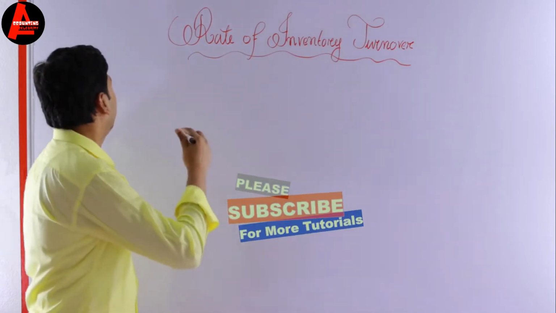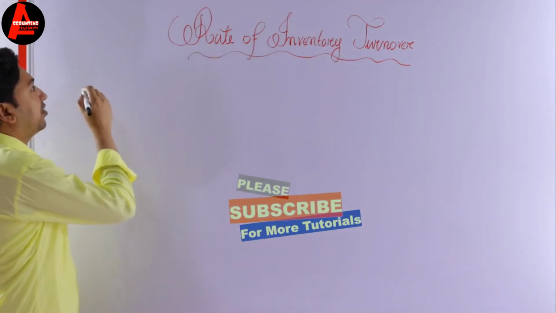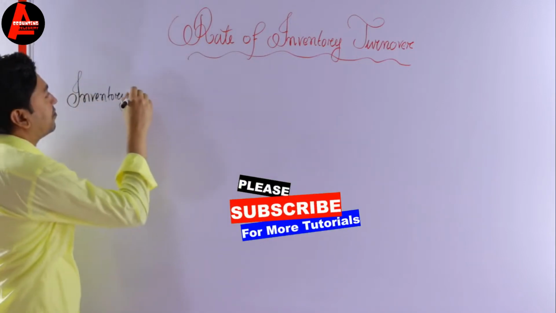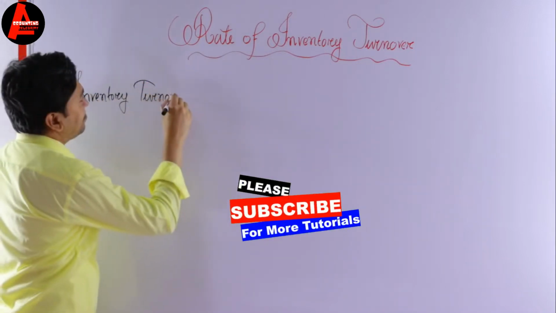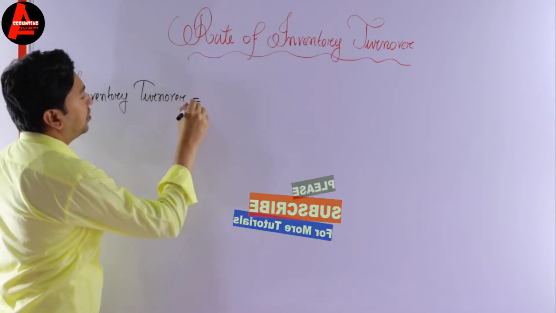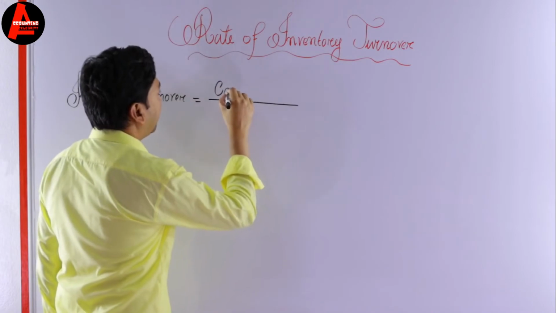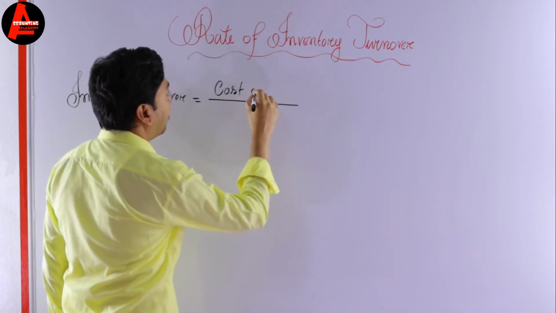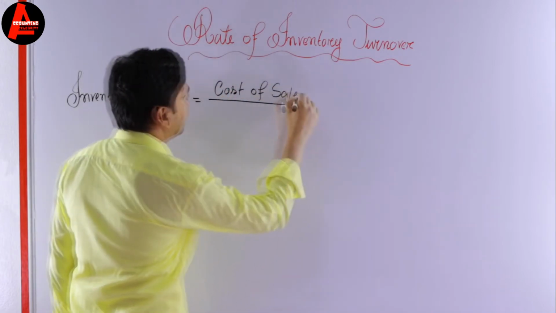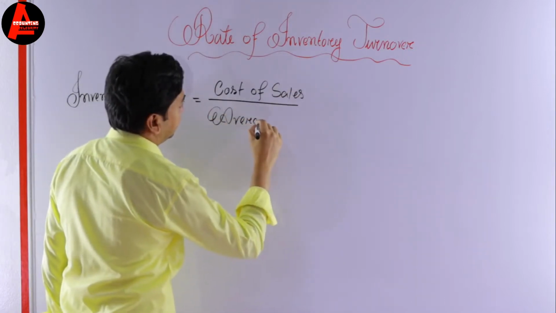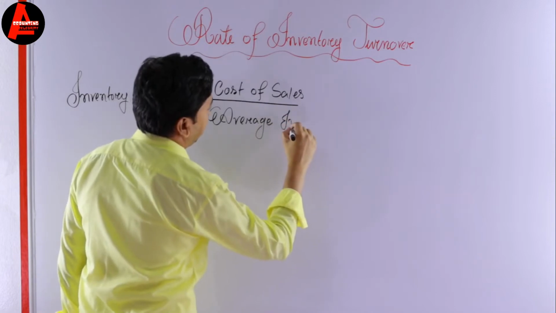We know rate of inventory turnover is cost of sales or cost of goods sold divided by average inventory.